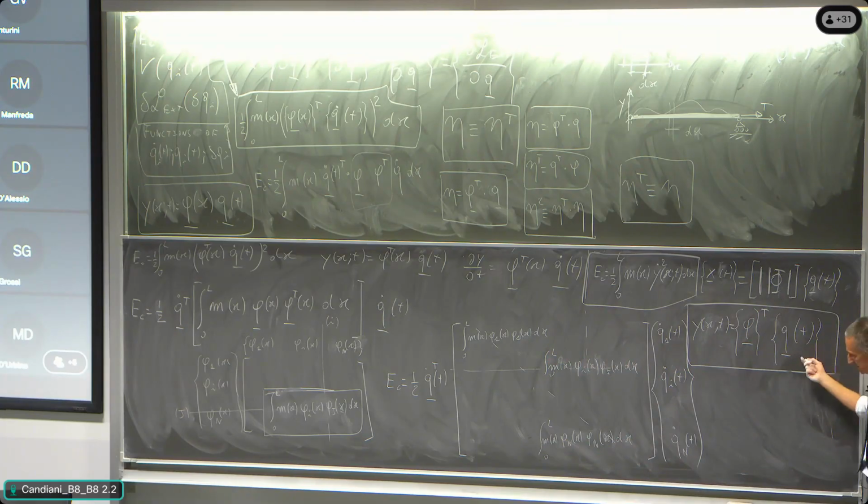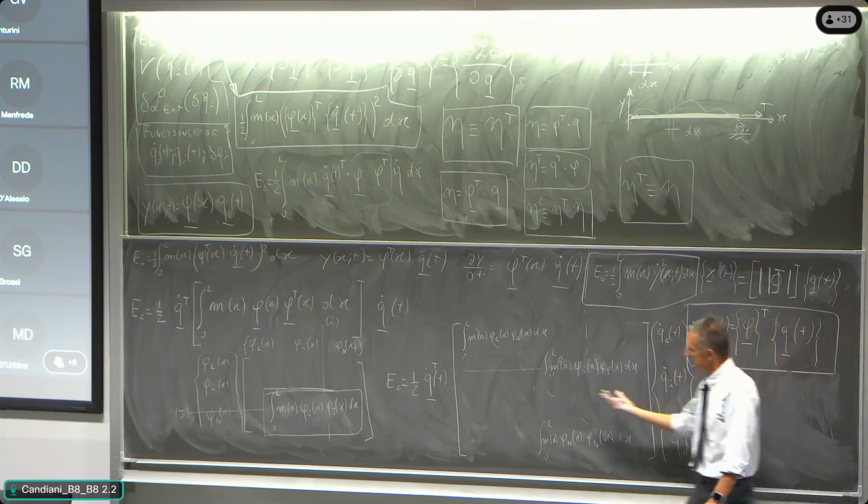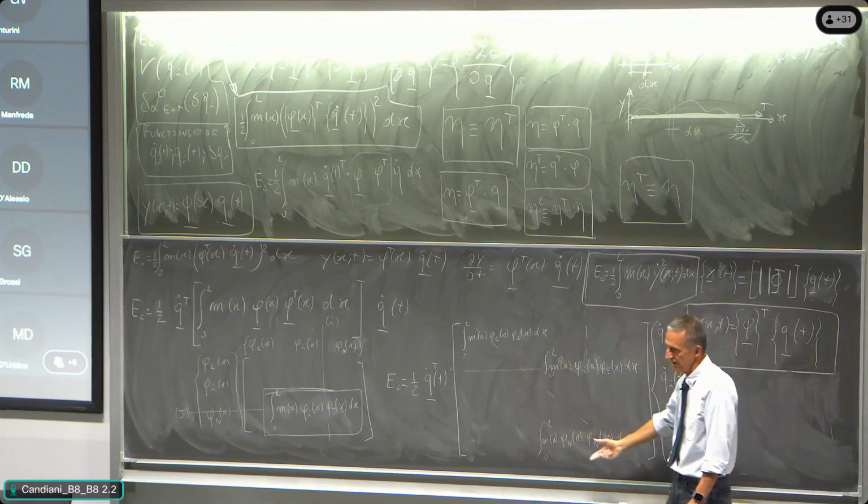So using those newly defined coordinates as the new unknowns of the problem, using this transformation, it's possible to write the kinetic energy in this way.